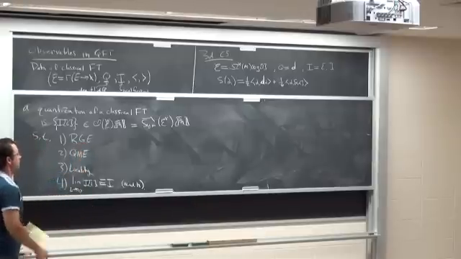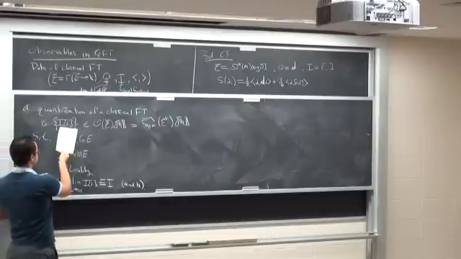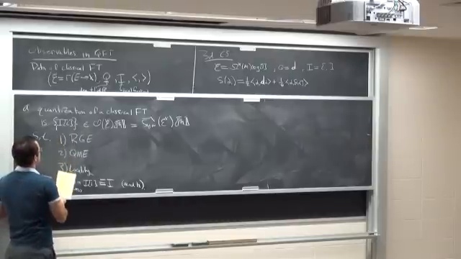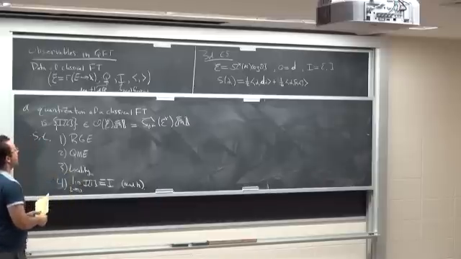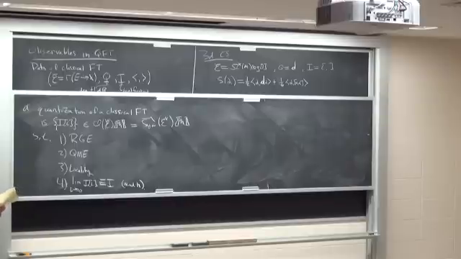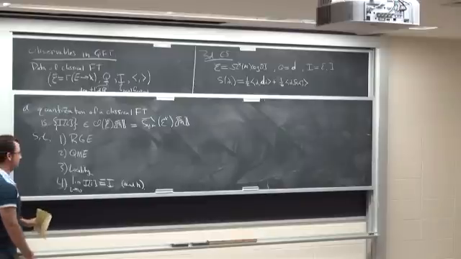RGE stands for the renormalization group equation. So it says that these action functionals I of L are not just arbitrary functions of L. They depend in a nice way. They're a one parameter family. They satisfy a differential equation.